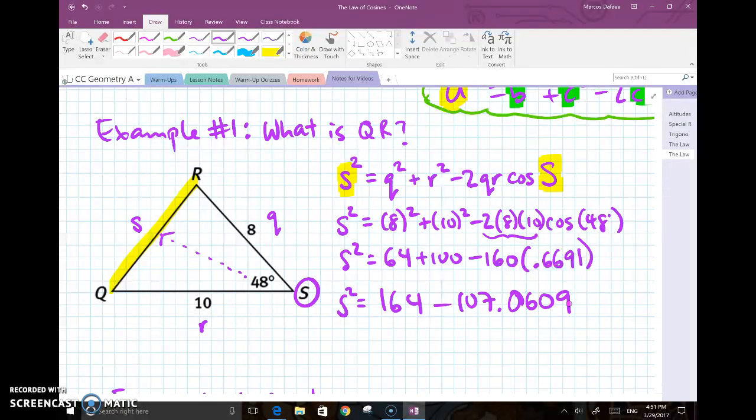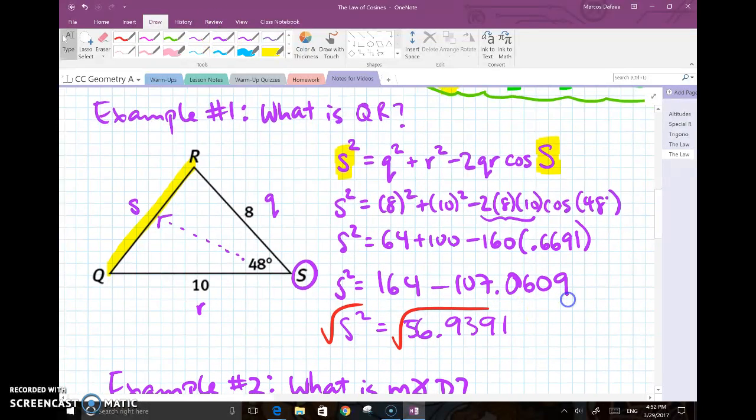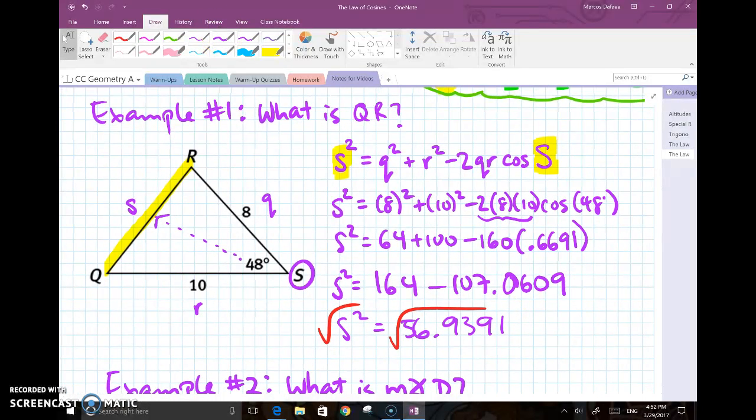So 164 minus 107.0609 comes out to be 56.9391. And obviously you'll need a calculator for this, but by doing the square root of both sides, you can disregard the negative part of that answer and just keep the positive.